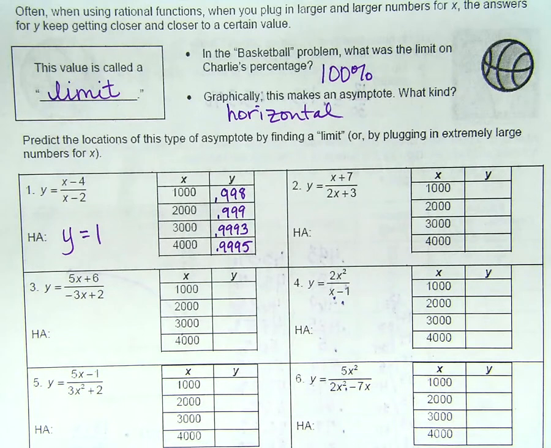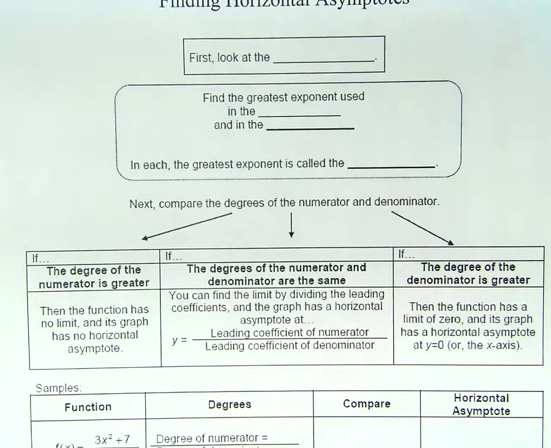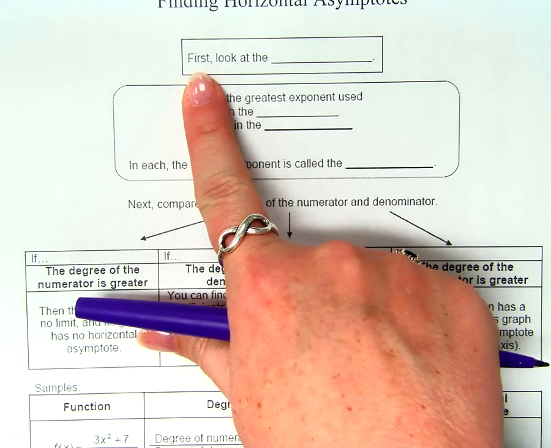Understanding that some of these are not getting closer to anything, so it's very possible for you to have no horizontal asymptote. Okay? The last worksheet that you have says first look at the degree.